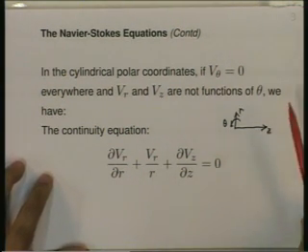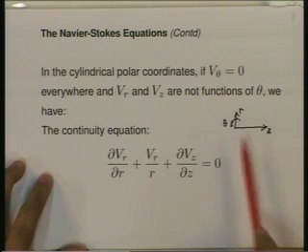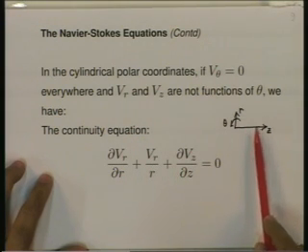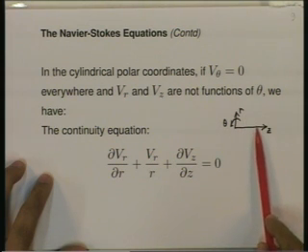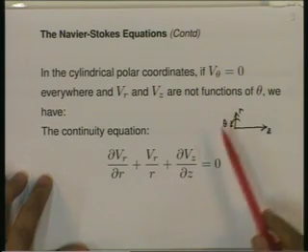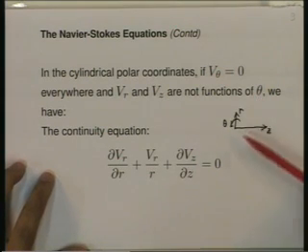Also, we assume that Vr and Vz, the velocity component in the r direction Vr and the velocity component in the z direction Vz, are not functions of theta. That means we are assuming an axisymmetric situation.